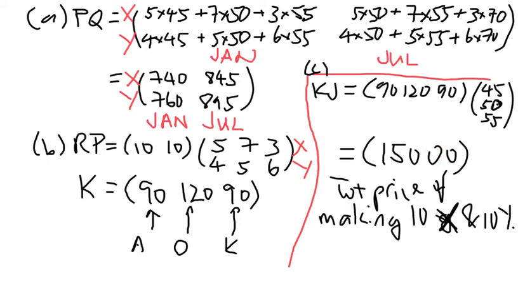But remember, this is in January. If we were to find out the price in July, then this matrix would change to 50, 55, and 70. So this concludes this problem.